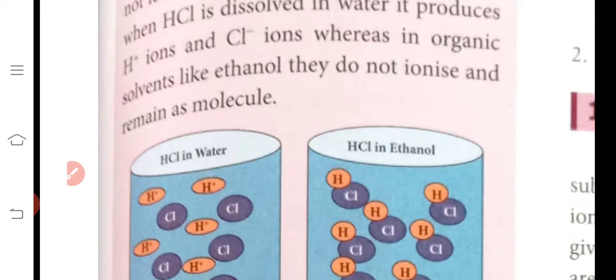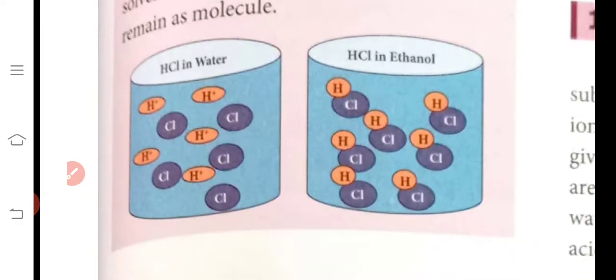HCl in water, HCl in ethanol. Here the ionization process appears. Here the ionization process does not appear, because here water is dissolved and here ethanol is dissolved.